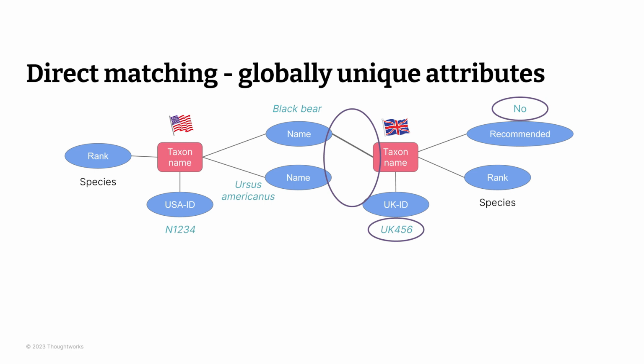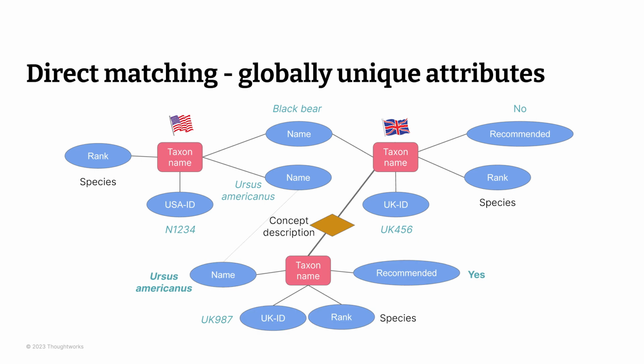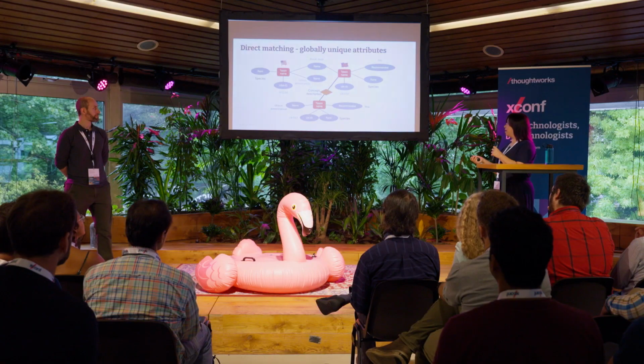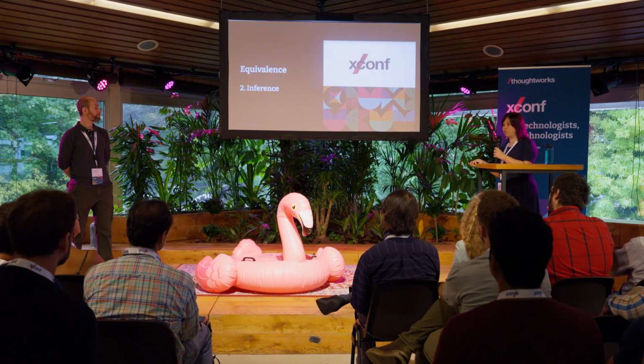And so these two entities are still linked. But this is obviously linked to the entity with the UK ID, which says this is not a recommended name. This is a synonym. But because of the concept description relationship, you can then just traverse this relationship and retrieve the correct name, ID, and the recommended scientific name. Okay, so that's the simple version.